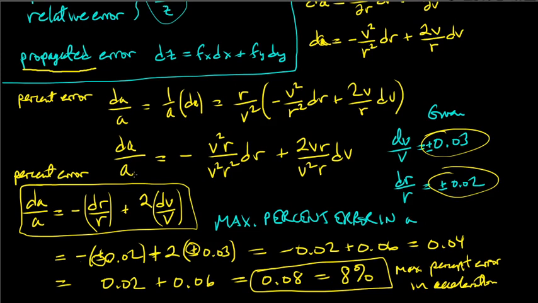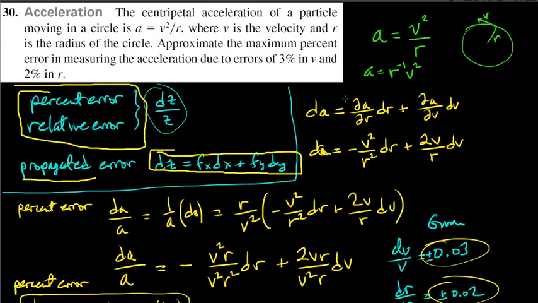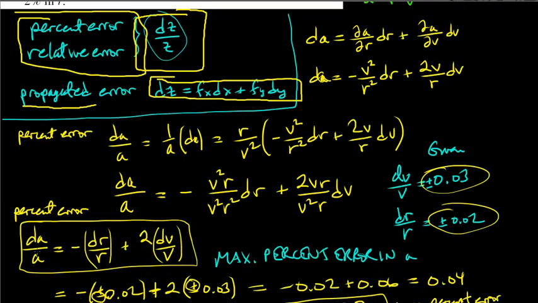In this case, a small error in r and a small error in v leads to a bigger error in a, the acceleration. So keep that in mind. If they ask for the propagated error, they're just asking for the differential. If they're asking for the percent or relative error, then you have to divide by the original function, which we did down here. We divided by a. I hope that helps.